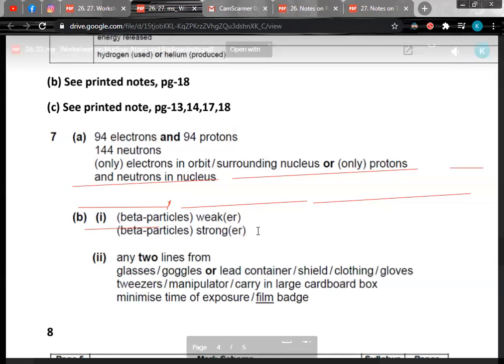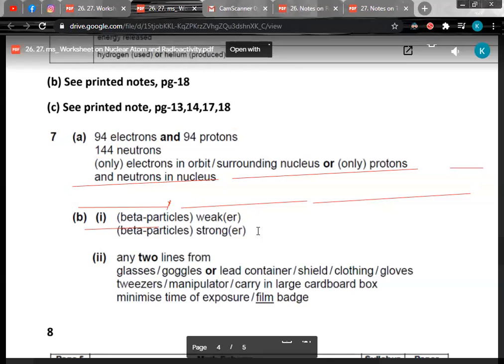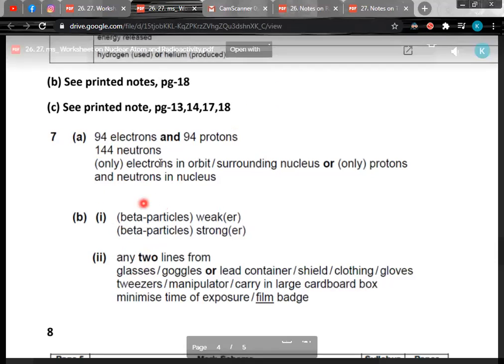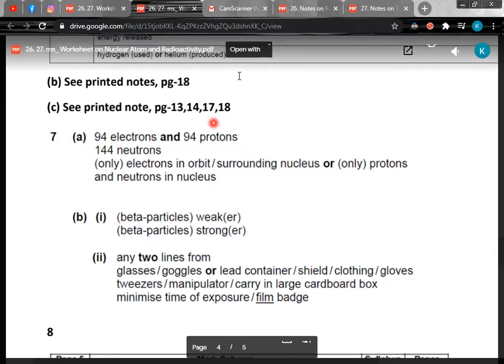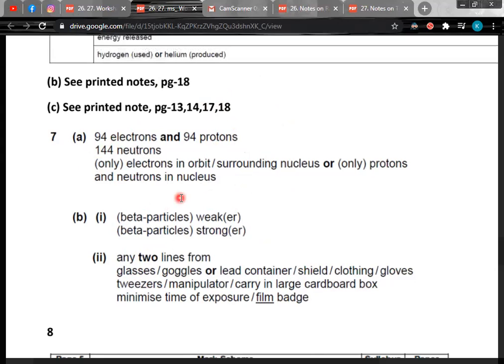So as I said last time, it also expects the electron configuration and which shell it belongs to. You see, they are saying all protons and neutrons are in the nucleus and electrons orbit the nucleus. That's it. You can bring this idea.